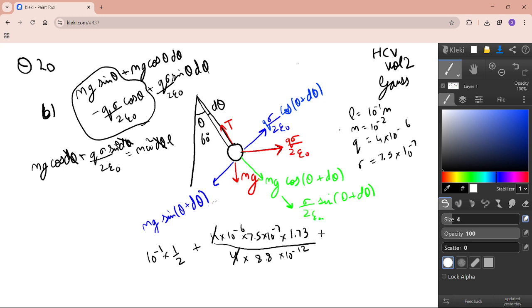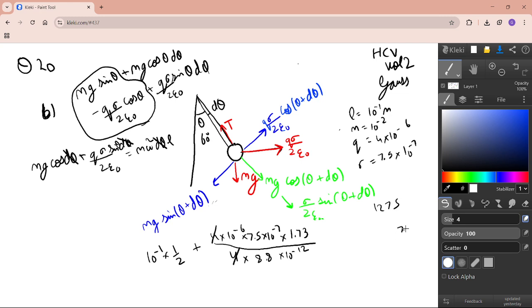This 4 and this 4 get cut. I think 7.5 into 1.73. How much is it? 75 into 17. 750 and 90, 35, 525, 525, and that's 6, 750, 750, 1250, 1250, and I think it's 1275.